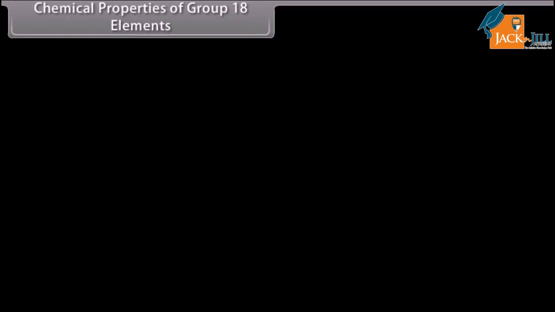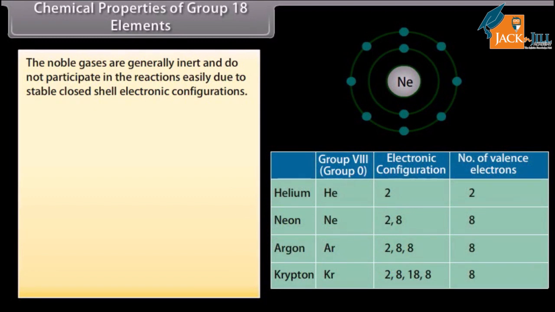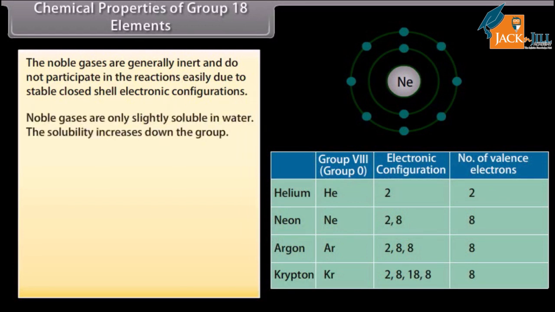Chemical properties of Group 18 elements. The noble gases are generally inert and do not participate in reactions easily due to stable closed-shell electronic configurations. Noble gases are only slightly soluble in water. The solubility increases down the group.